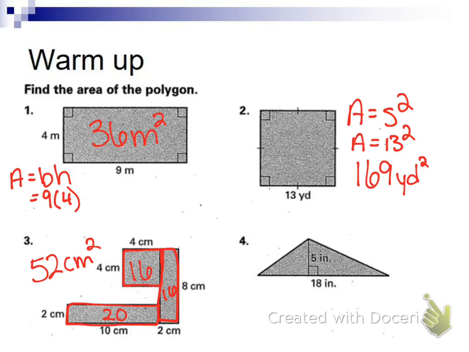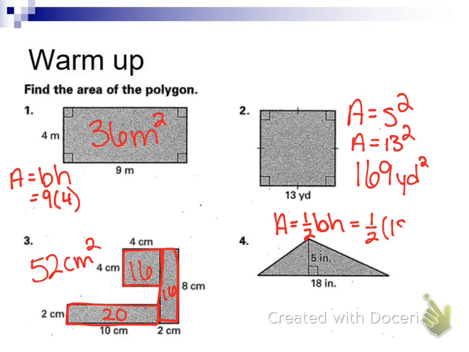We'll move on to number 4. We've got a different formula we have to use on number 4. Who can raise their hand and tell me what it is? Jaden? Yep, 1/2 base times height for the area of a triangle. What is my base? 18, and my height?